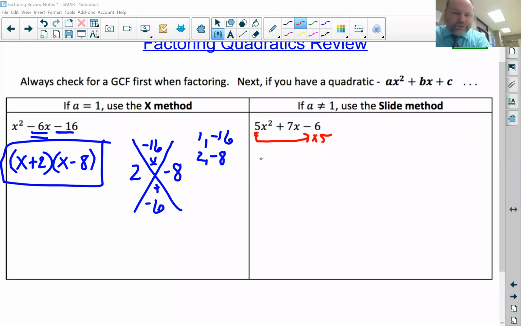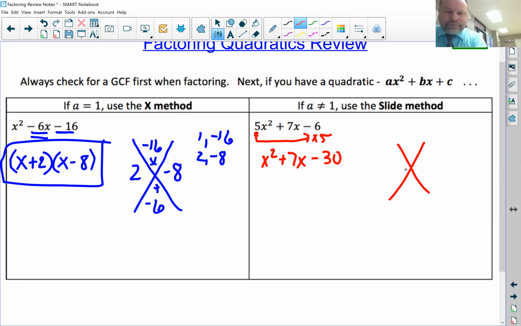So this we would rewrite x squared plus 7x. Negative 6 times 5 is negative 30. Now we don't have a number in front of the x squared. We can continue with the x method. Two numbers that multiply to negative 30 and add to positive 7.